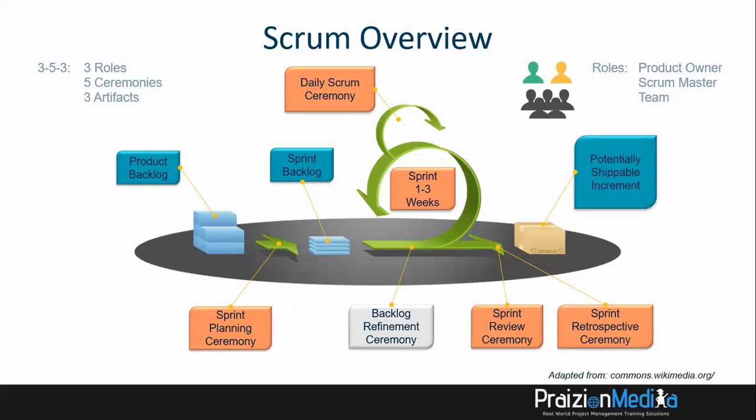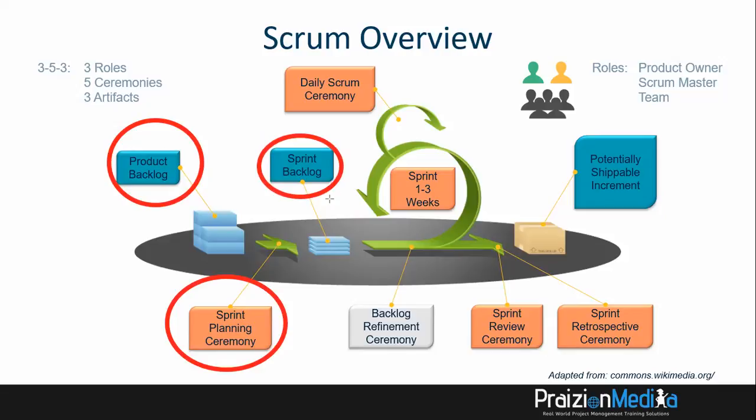What happens? There's a need, there's a vision. Put those needs, micro or macro, into the product backlog. The product backlog is a living document. It's one of the three artifacts of Scrum. We get to a point where we plan the sprint.